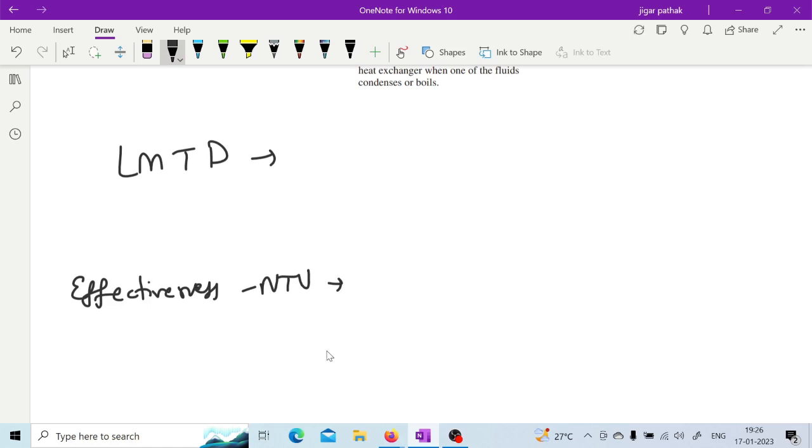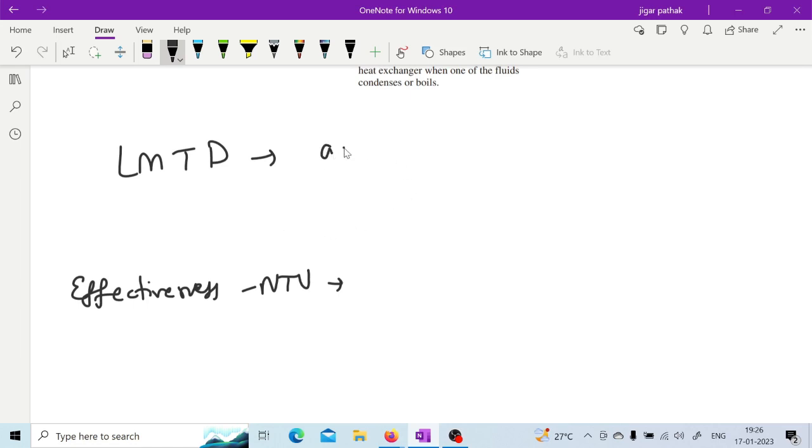Now what are the different conditions in which we apply these two methods? When you are designing a heat exchanger to achieve a specified temperature change in a fluid stream, and you know the mass flow rate, at that time LMTD is applied, right?